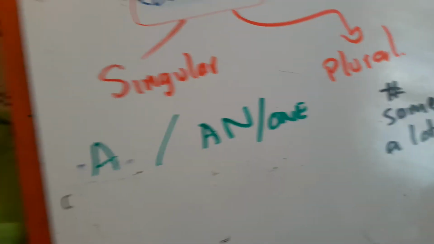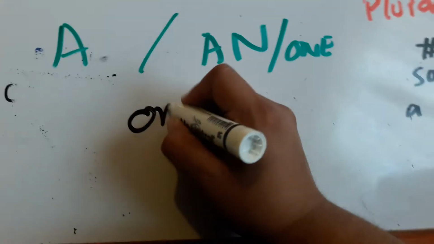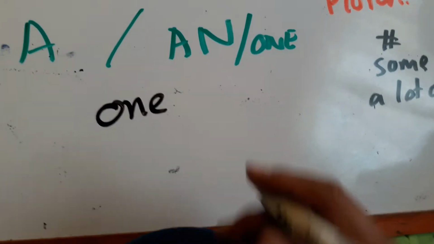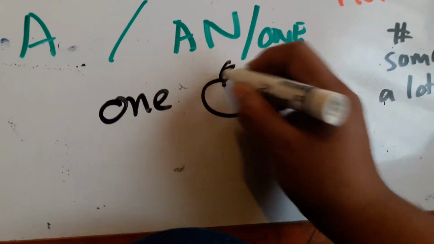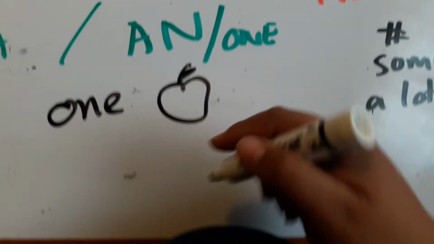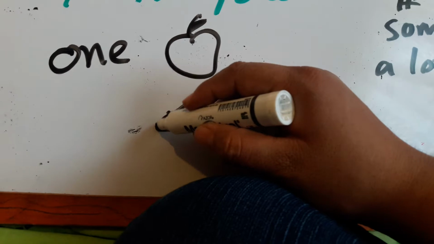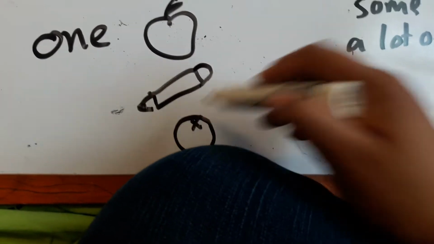Countable. So for example, one apple. Okay? This is singular. For plural, we're going to use the number. We use here apples, and also we drew a pencil, right? Do you remember this one? And also the orange.